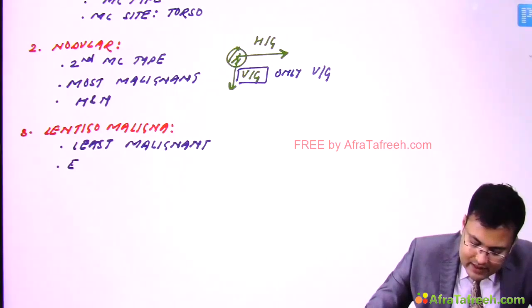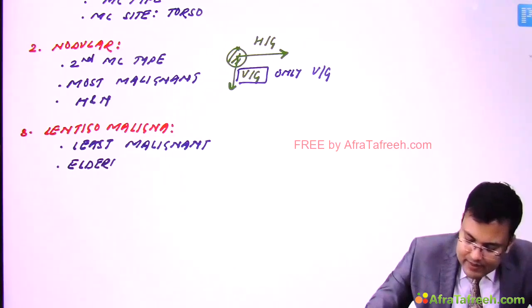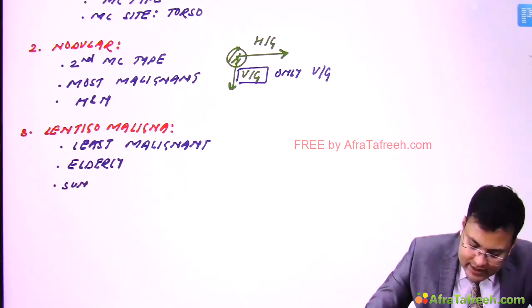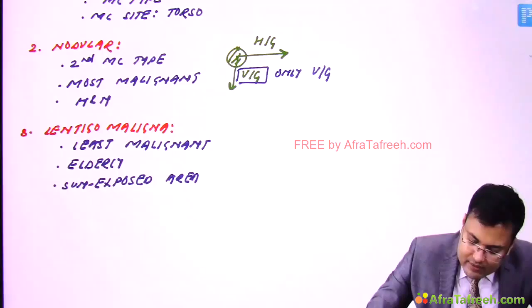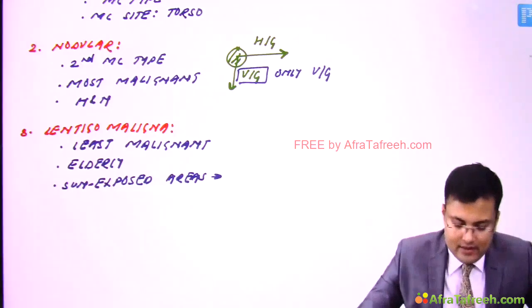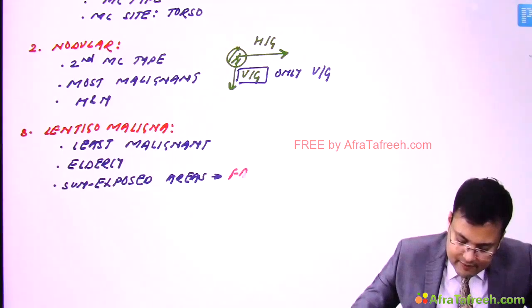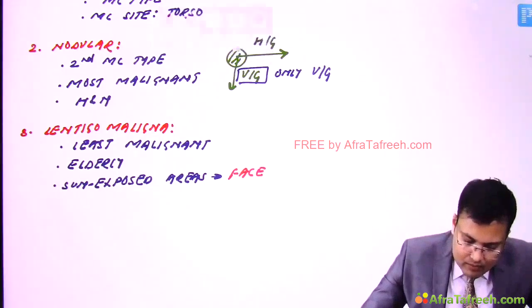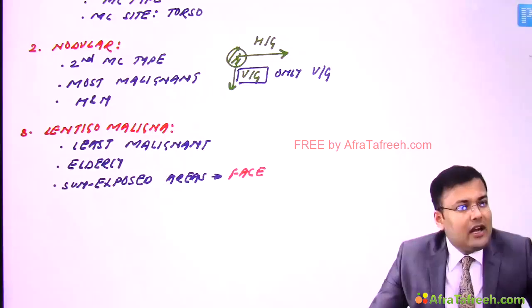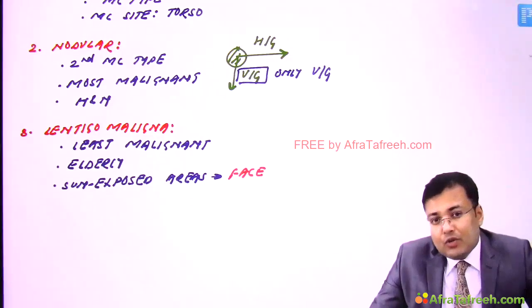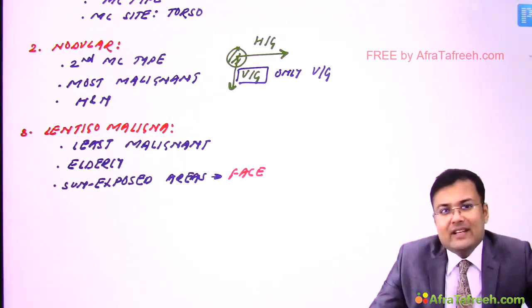It is seen in the elderly, especially in sun exposed areas. So what are those sun exposed areas? Yes, face, right? So it is seen on the face. And the least common type, which has worse prognosis, is acral lentiginous.